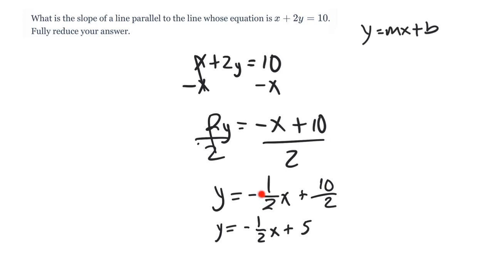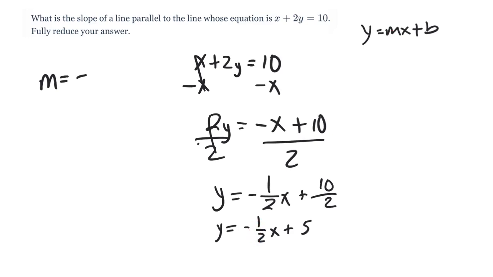Now technically, once I figured this out, I didn't have to worry about that part because it's just asking for the slope. It just wants the slope. But it's good practice to do it anyway. And there's plenty of times you're going to have to put it in slope-intercept form, so, you know, it is what it is. My slope for this is my m value here. See, my m means slope.